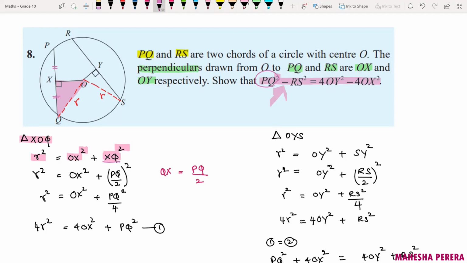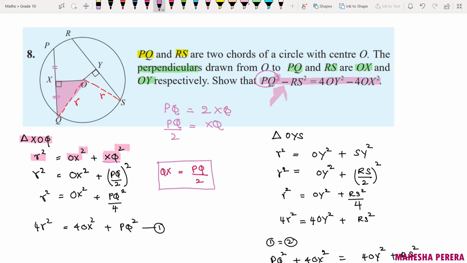So actually PX equals XQ. Or in other words, PQ is twice XQ. So what is XQ then? It's exactly half of PQ.